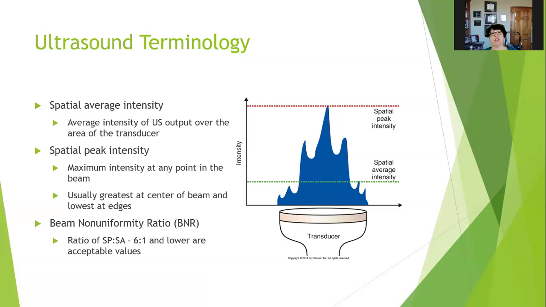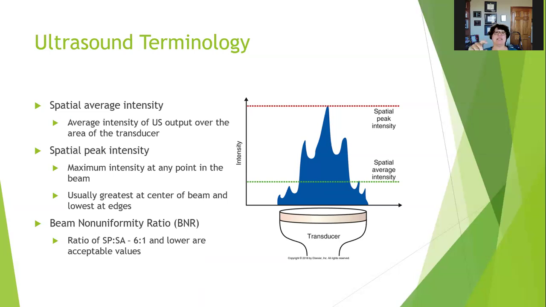So the output over the area of the transducer head, it doesn't send out an even wave. Like in one of those pictures, it looks like it's an even wave coming out, but it's not. It's this jagged thing that is depicted here. So when we talk about the power, we talk about the average intensity of ultrasound output over the area of the transducer. And that's the spatial average intensity.